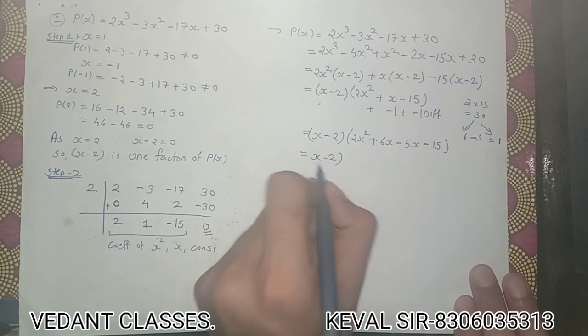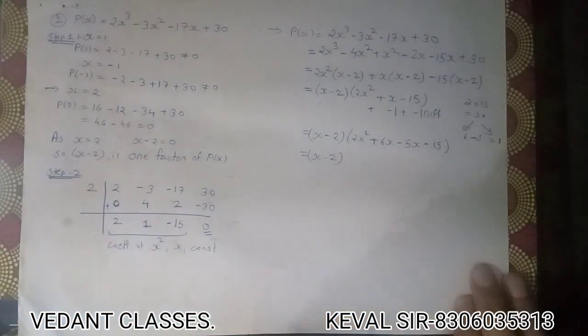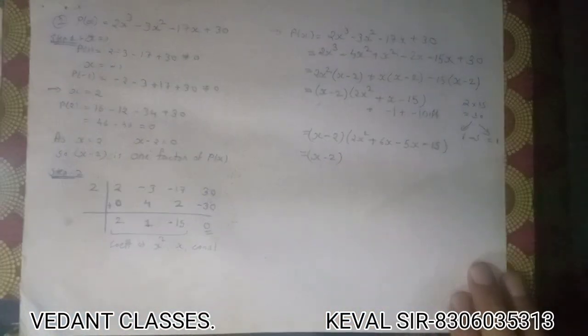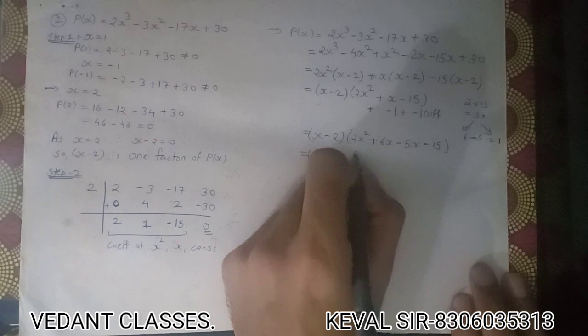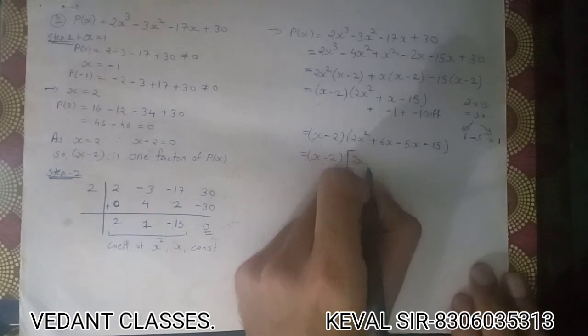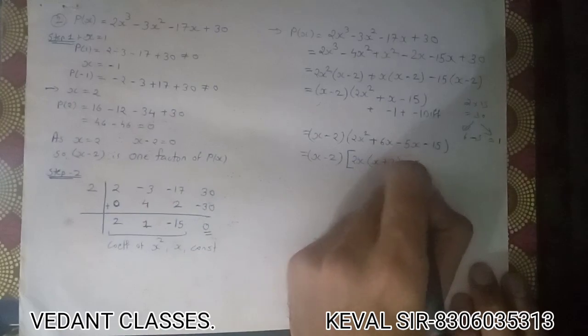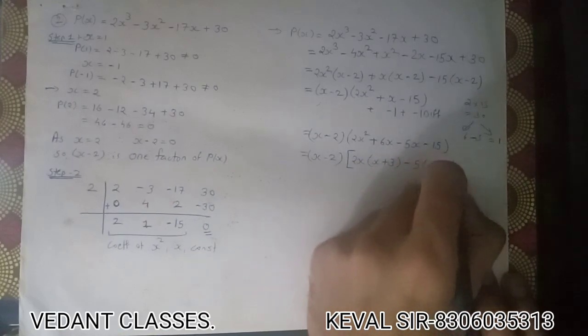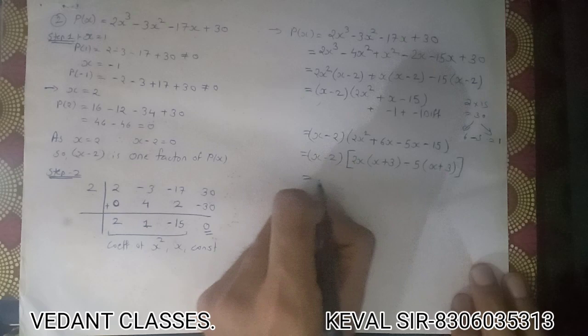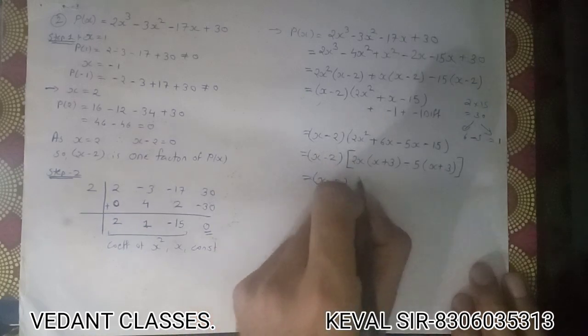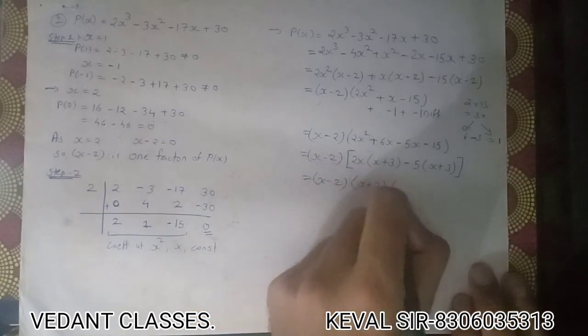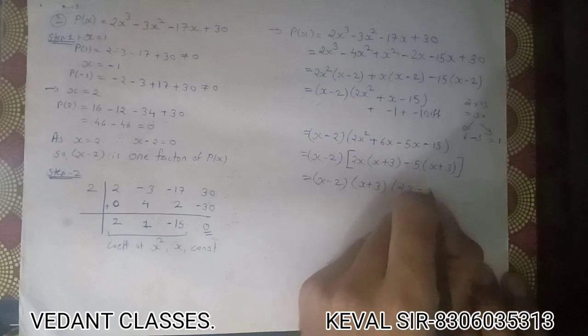Taking x minus 2, 2x will be common, here it will be x plus 3, then minus 5 common, and this will be x plus 3. So x minus 2, x plus 3, and 2x minus 5.